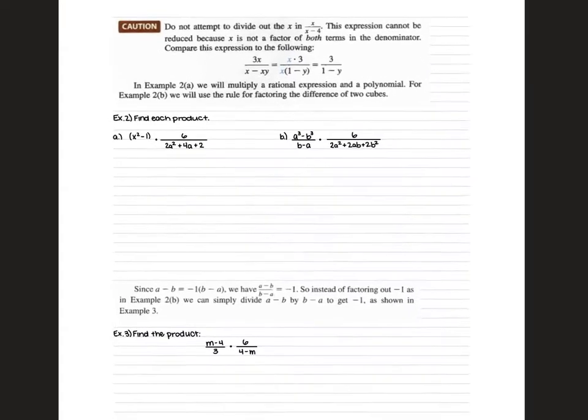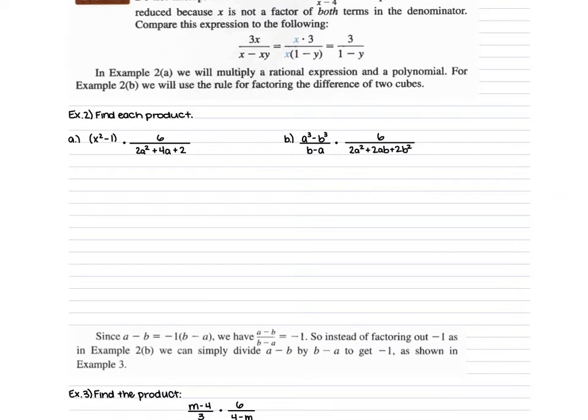If we look at example 2, we're finding the product, but now we're working with different types of factoring. So you're going to have to think greatest common factor, not only difference of squares, but difference of cubes, sum of cubes, perfect square trinomials, that kind of thing.